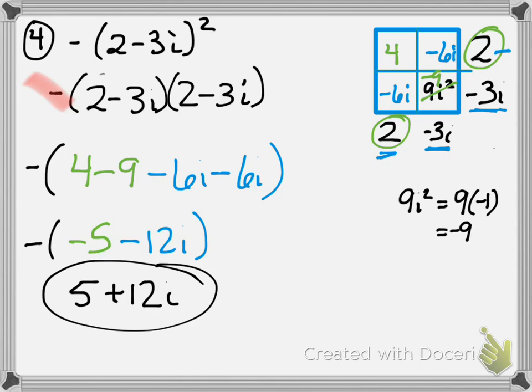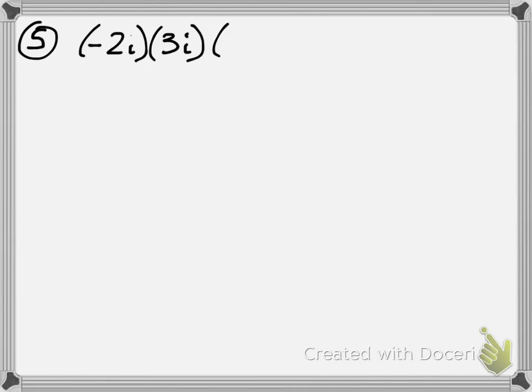And I'm going to do one more example. This one caused a lot of people problems in the first period, so I'm going to go ahead and work through one similar to it. So if I give you negative 2i and 3i and 2 plus 7i, what do you do first?